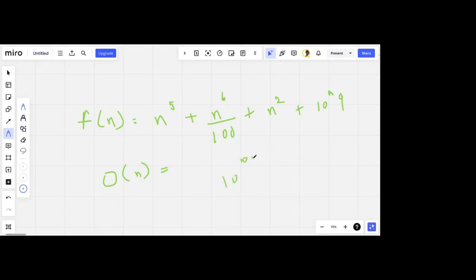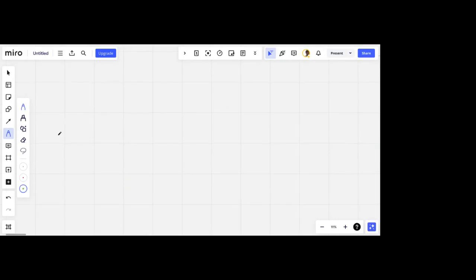Then is 10 to the power 100 to the power 6 bigger, or 10 to the power 9 bigger? What do you think? N to the power 6 is bigger, right? Okay, very good.